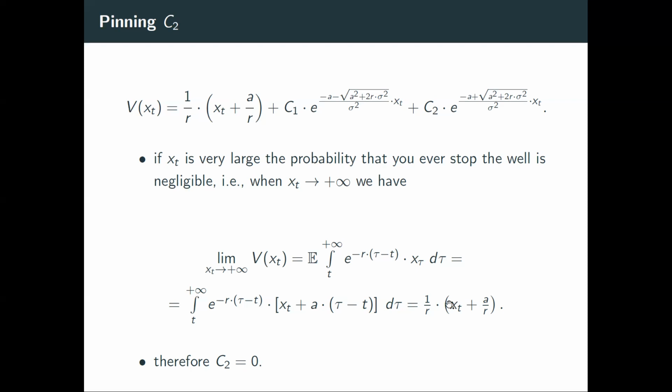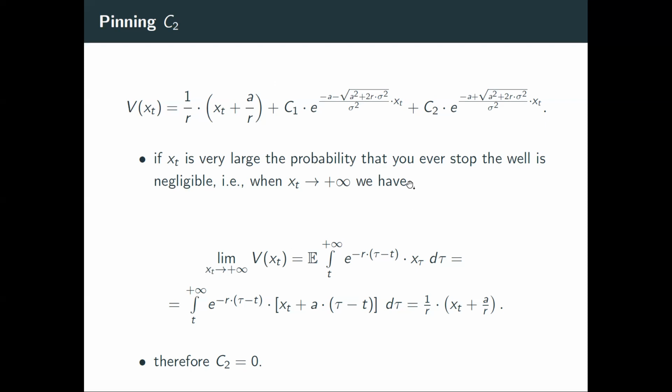And it turns out that when xt approaches plus infinity, your value function should approach this value. When we take a look at the value function, we see that these terms are actually the same. Therefore, when xt approaches plus infinity, the sum of these terms has to be 0.